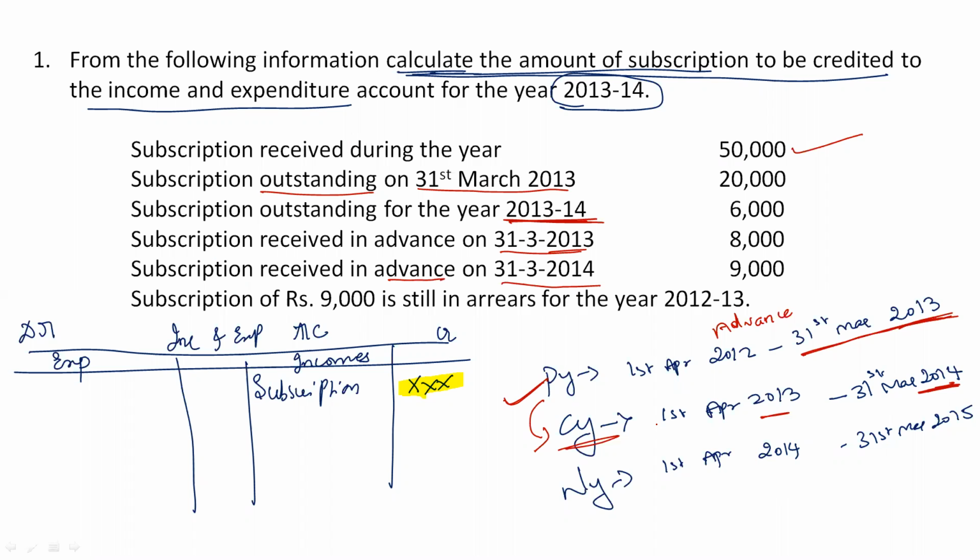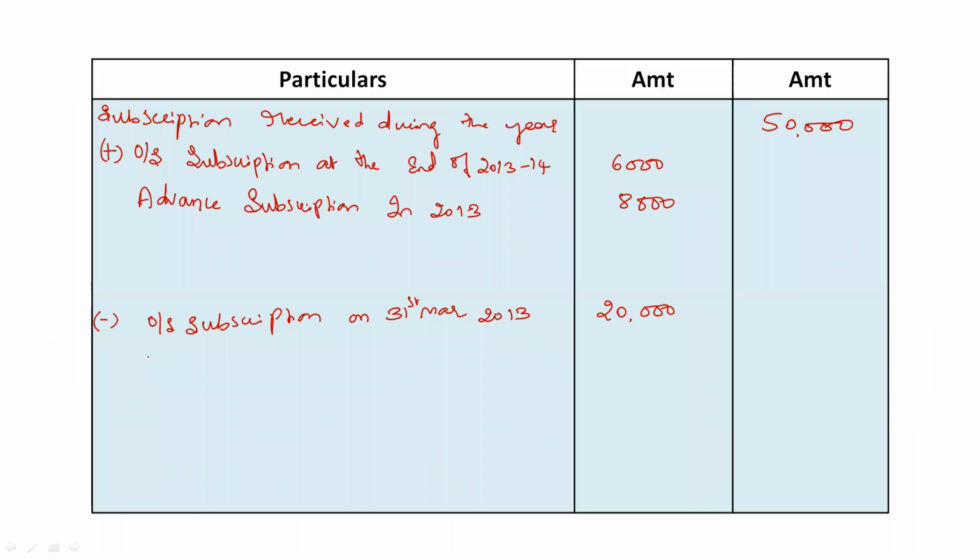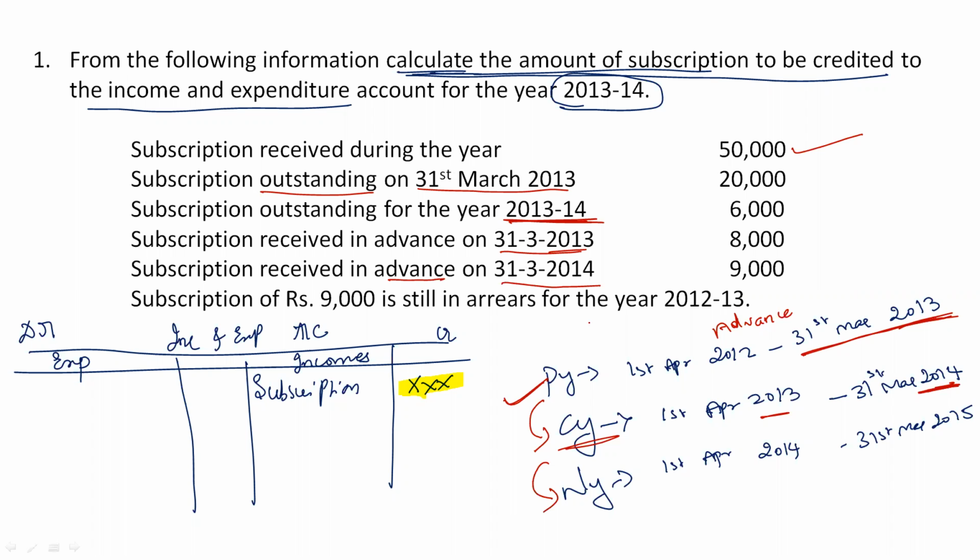Advance subscription means it is not related to current year, right? In the current year we are receiving advance, that is related to the next year only. So that is why we will not include this in subscription received during the year. So we will deduct it again. Received in advance is rupees 9,000.